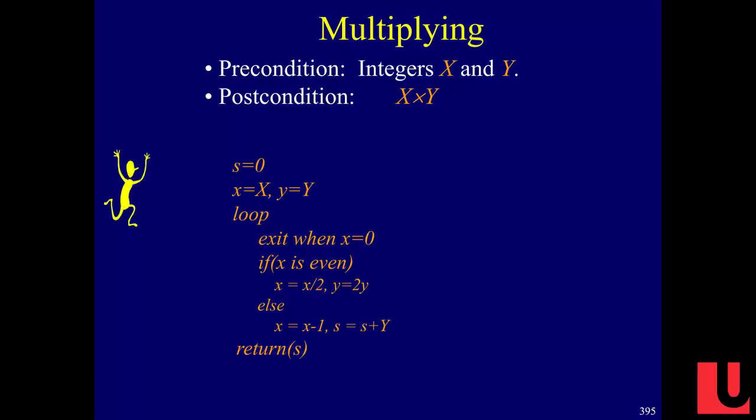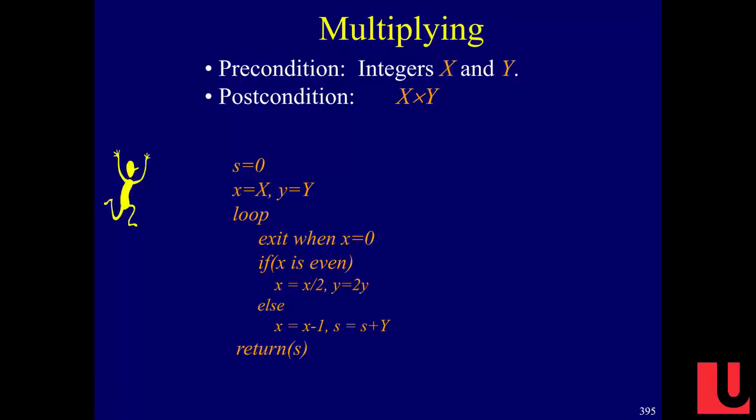Now let's talk about our running time. How much progress are we making? Well, here we're doing great. Here we're doing lousy. But what do you know? Every other iteration, you're dividing by 2.